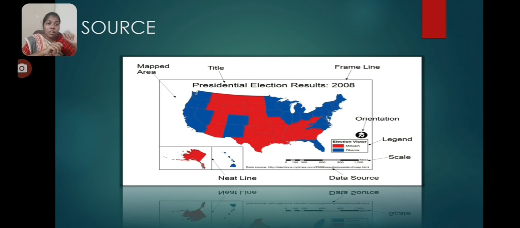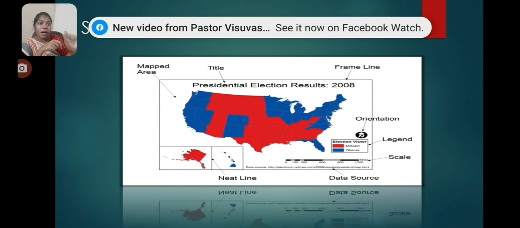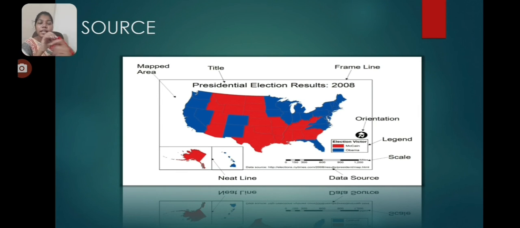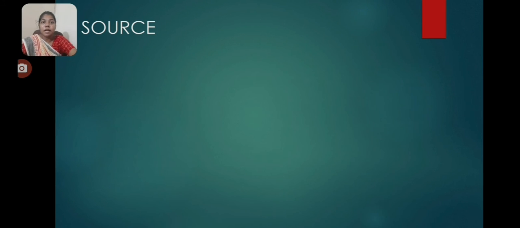Like if we are talking about routes, for example Columbus, where he traveled, you'll have to mark the route in a key, draw a square and mark how you marked it. So that's how it works. That's about key.